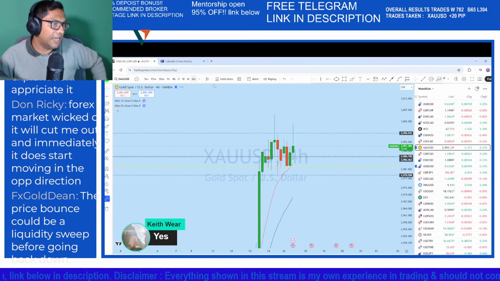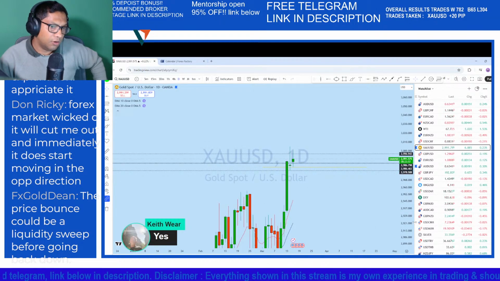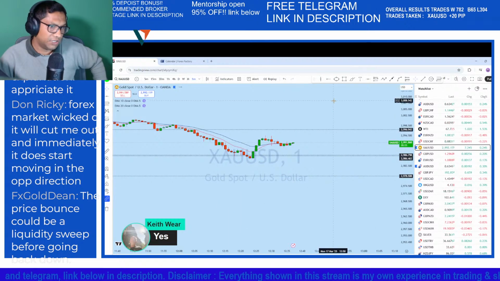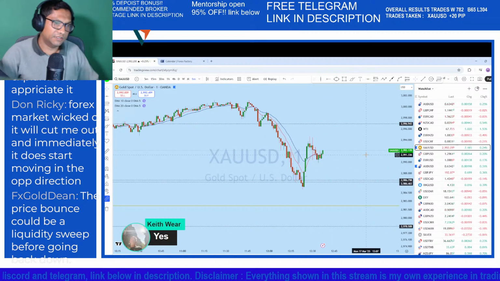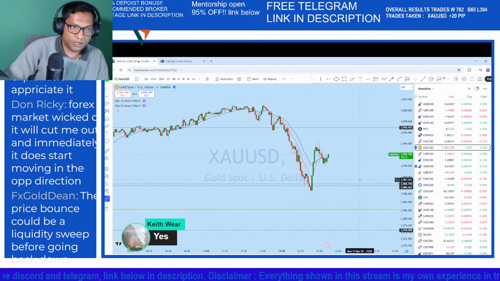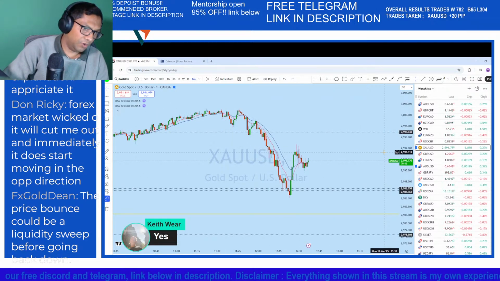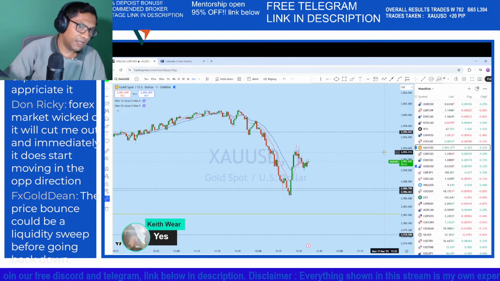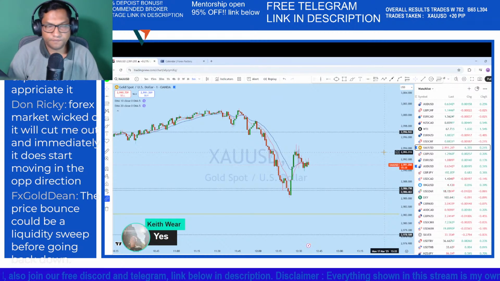If you look at the daily here, the market still didn't test the previous daily low, but at the same time, as you can see, it's trying to move back up or sideways. We'll be waiting to see how the price is reacting, and then we can enter after that.